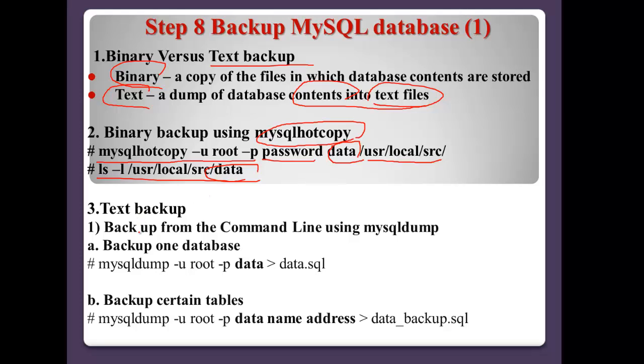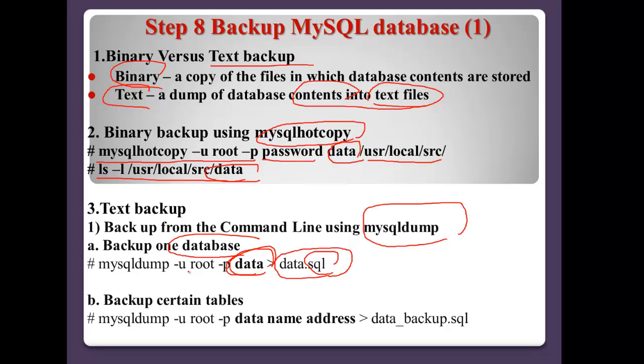For the text backup, first one, backup from the command line using MySQL dump. Number A, backup only one database. In our case, we have data like this. So MySQL dump, username, password, and the database name, and after that we can use data.sql.